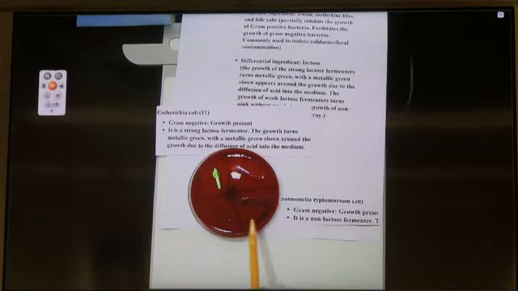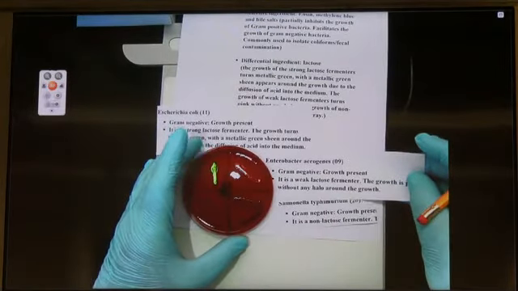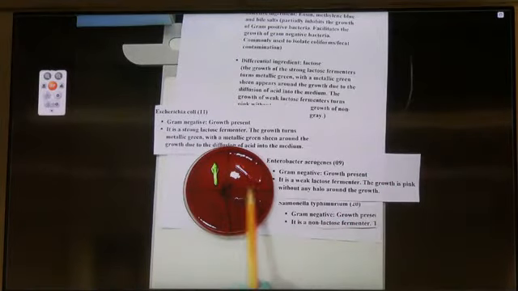See, gray color, non-lactose fermenter. Okay. Number 9 here. Enterobacter aerogenes. Pink. Weak fermenter as compared to E. coli. It turns pink.